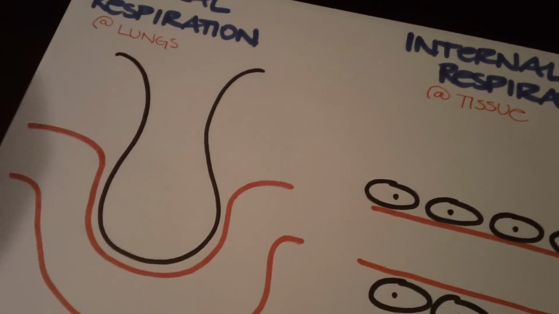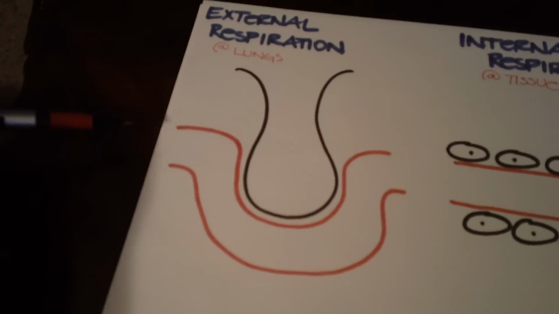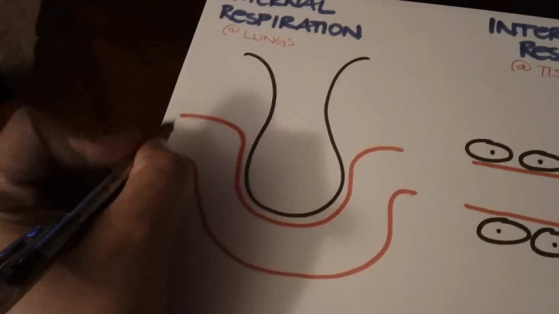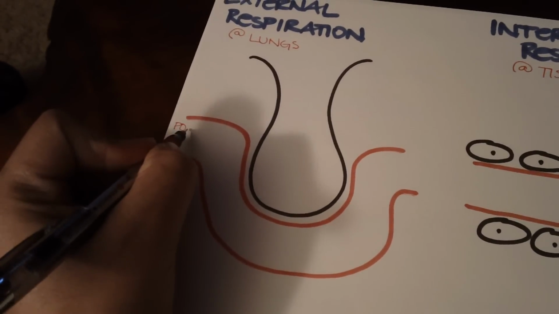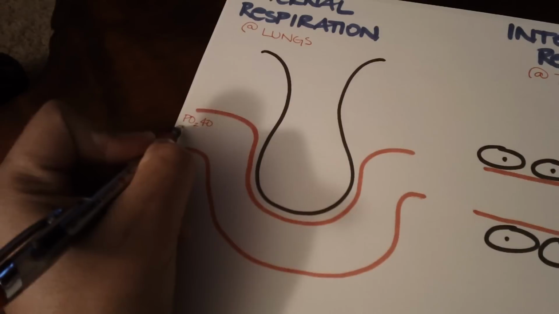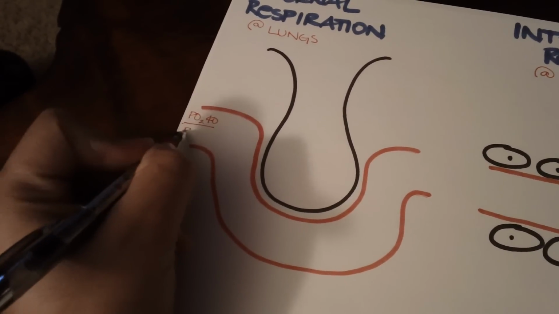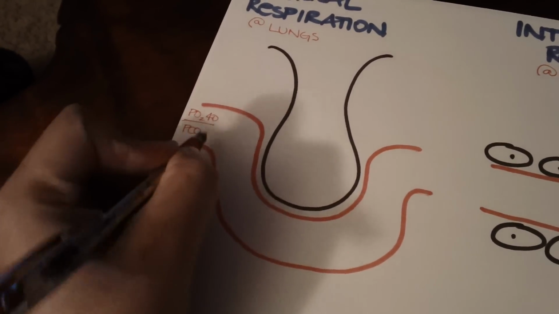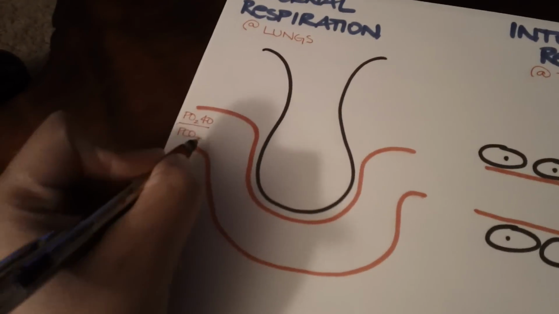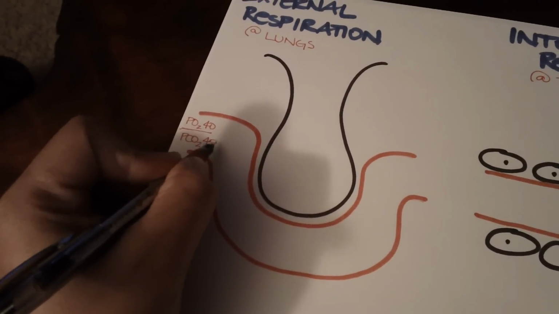So, if our blood is coming in over here, remember this is used blood, so it makes sense that the partial pressure of oxygen is low, let's say 40, and the partial pressure of carbon dioxide is high, because we just picked up all that waste going through the body system, let's say 45.